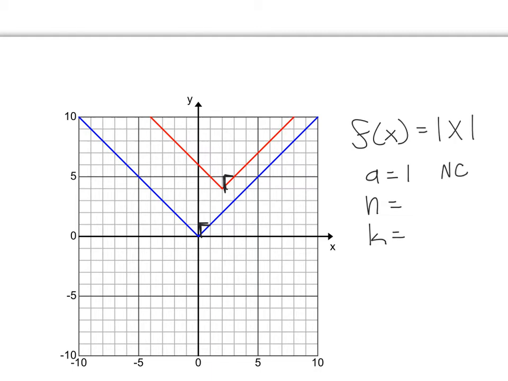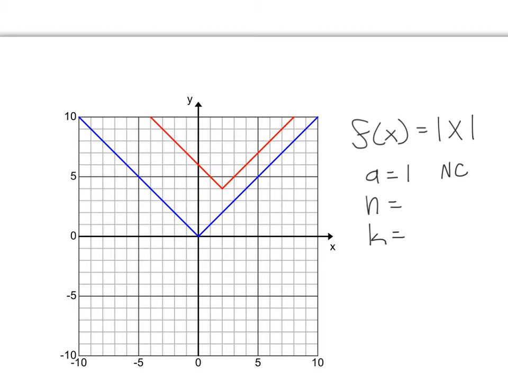H, how far did we go left or right? Oh, whoa, what was that? Undo. This is a new website, so I'm still learning, or new updates. There we go. Okay.